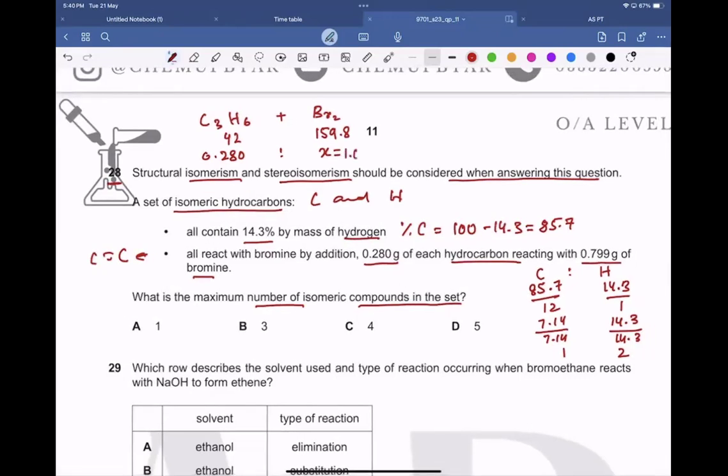Okay, so X is 1.065, right? So it means that with this, we need this much mass of bromine, so it's not. So it can't be C3.